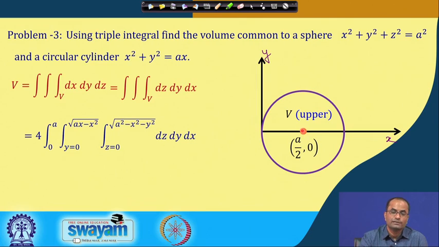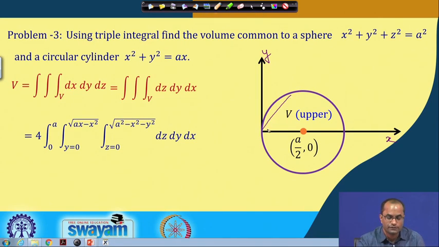So, in the direction of z, let us take the multiplication of 4, and we will just consider only the upper half of this cylinder. So, we will make the double to get the lower portion as well, and then since we have the sphere, again there are two portions, one the upper one and the lower one.